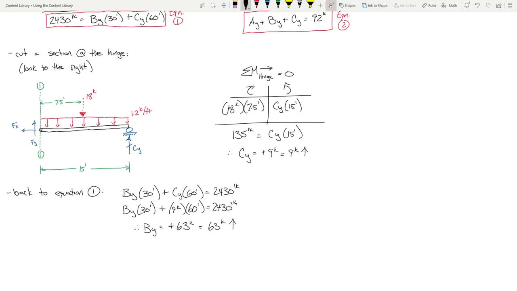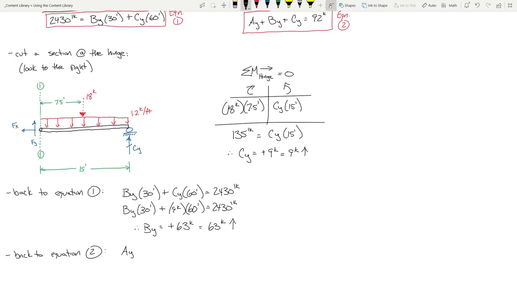63 kips upwards. And now, see how this is positive and that is positive? So now we take positive values of 63 and 9 and plug it into our equation 2. So we can say, back to equation 2.